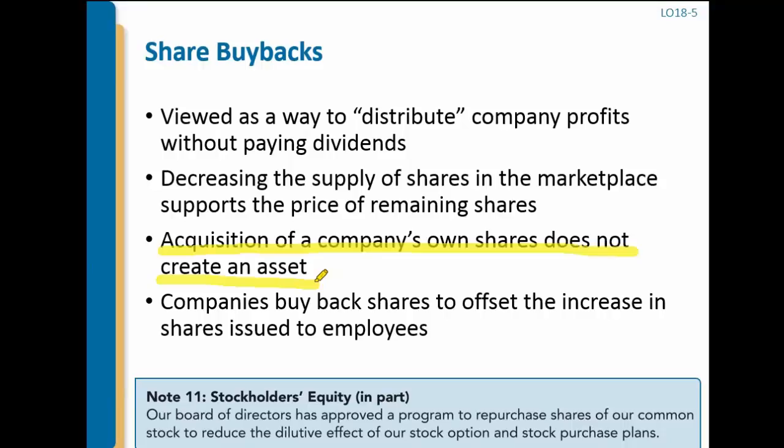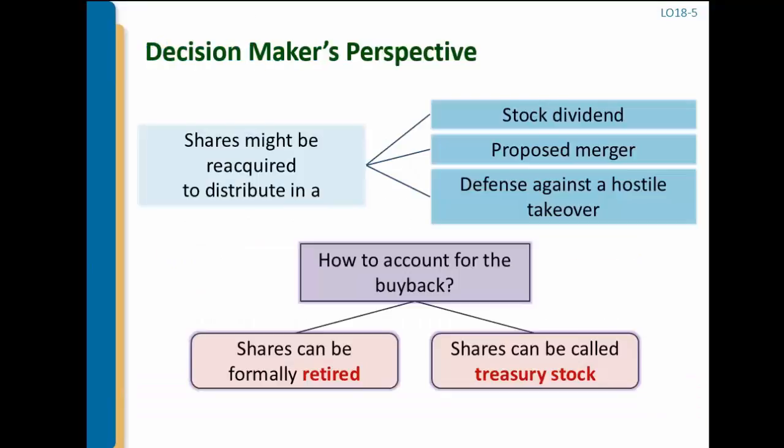So acquiring our own stock is a transaction that stays within the equity section of the balance sheet. Okay, so I'm going to focus on how to account for these, where we are creating an account of treasury stock.